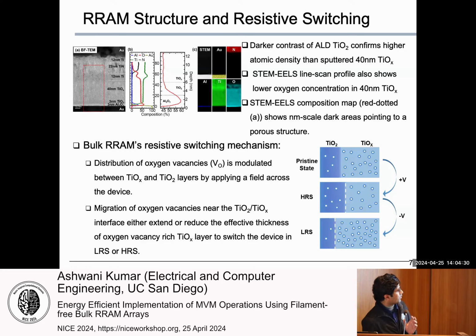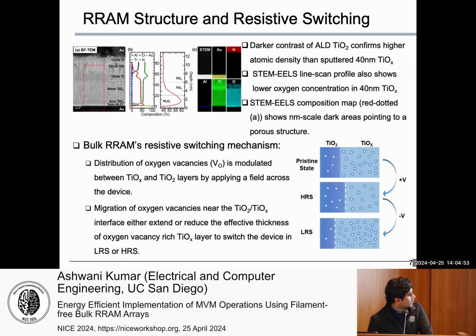If we enable the migration of oxygen vacancies from the TiOx layer to the TiO2 layer, the effective thickness of the switching layer decreases, which results in a high resistance state.